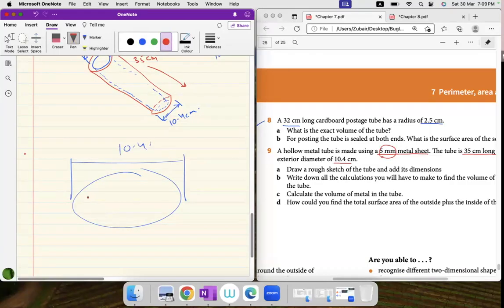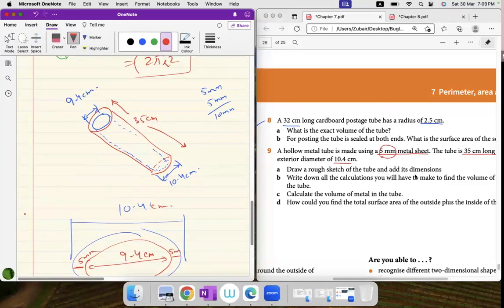And we know the thickness of the sheet is 5 mm, so it would be the same on both sides. So overall it reduces by 1 centimeter. So internal diameter is 9.4 centimeters. Okay. It's 10.4 external, 9.4 internal.